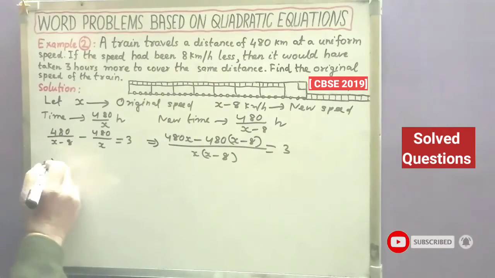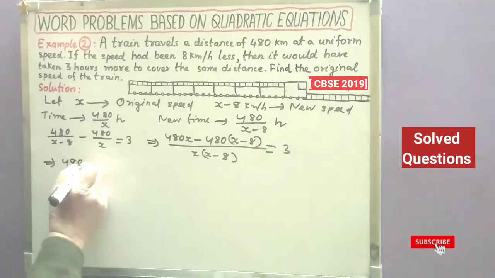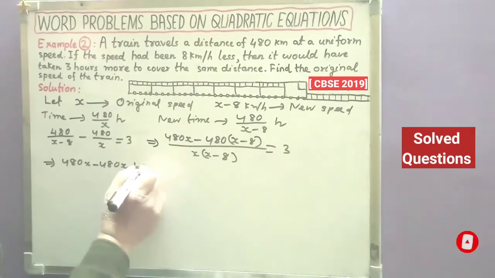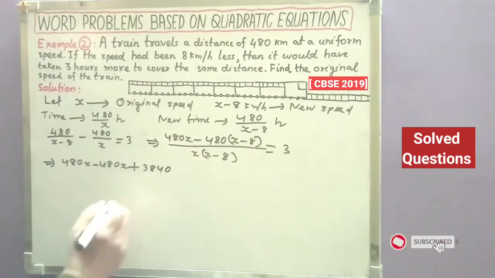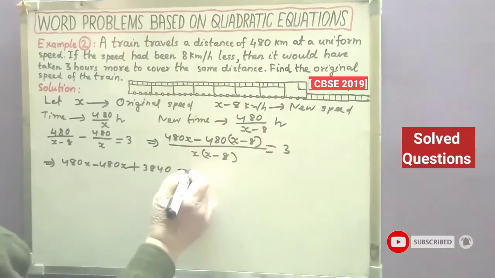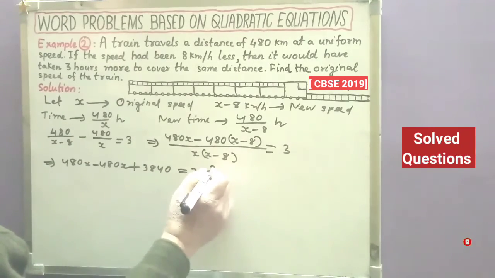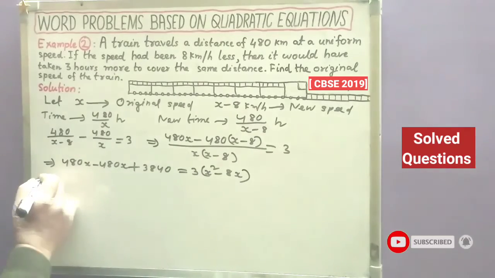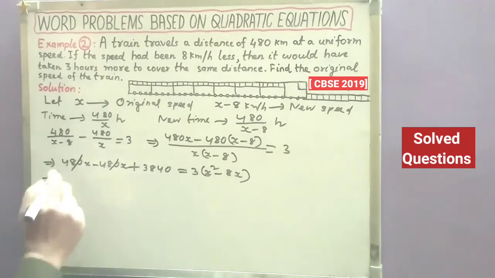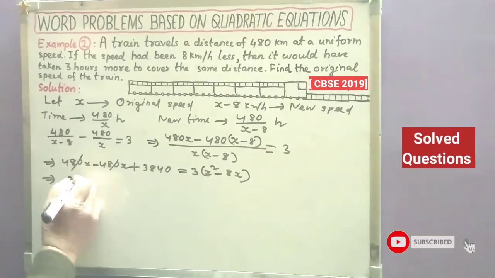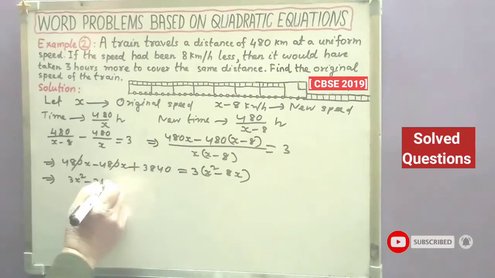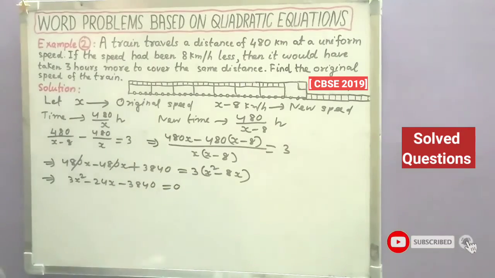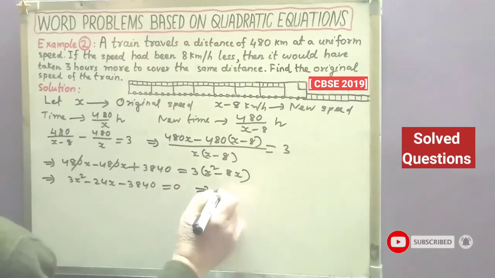Now, cross multiplying and simplifying, we get 480x minus 480x plus 3840 equals 3 into (x square minus 8x). Simplifying further, we get 3x square minus 24x minus 3840 equals 0.